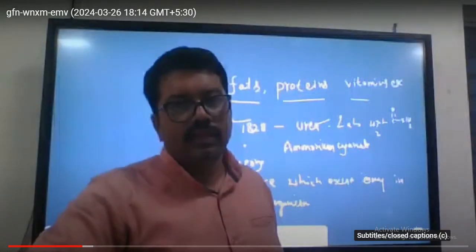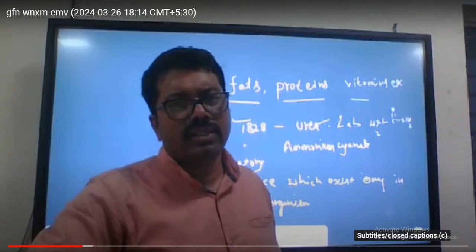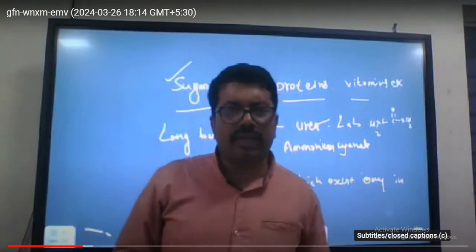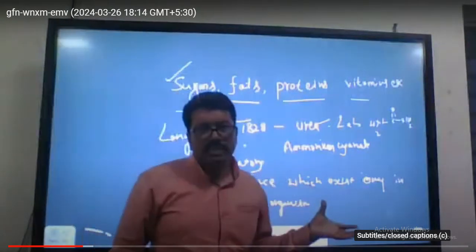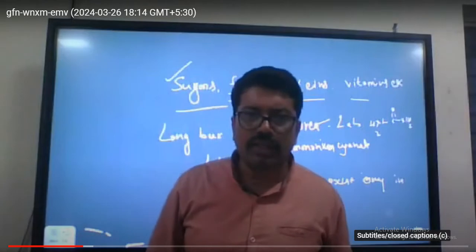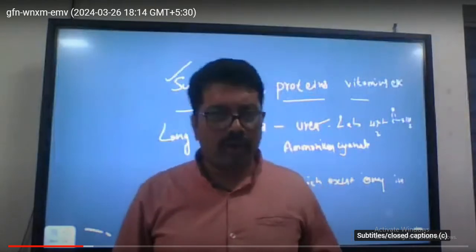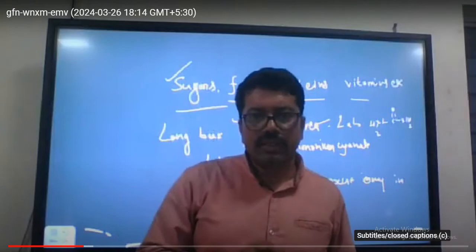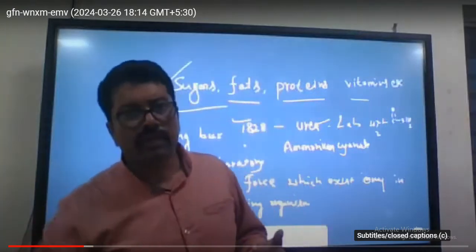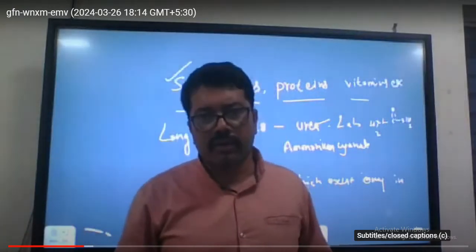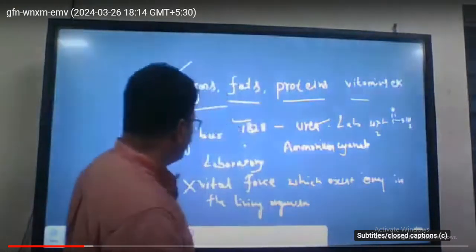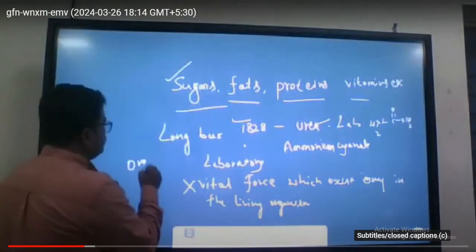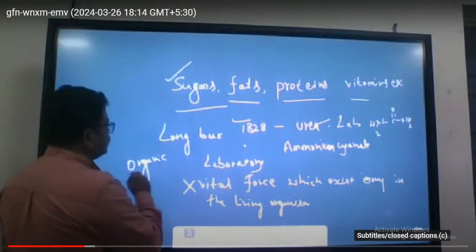Okay. So the basic things which are essential to understand the study of organic compounds are very important, like types of bonds, their structure, and the factors which have a direct impact on the physical and chemical properties of organic compounds.